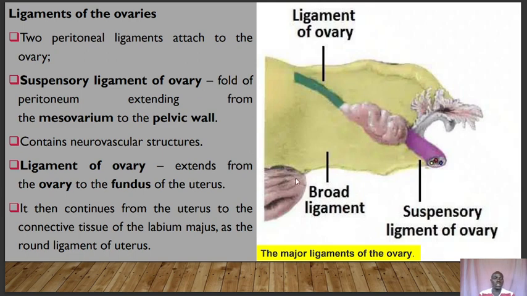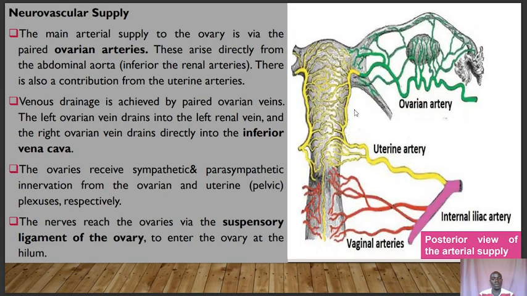On the other hand, we also have the ligament of the ovary, which extends from the ovary to the fundus of the uterus. It then gives rise to the connective tissue of the labia majora as the round ligament of the uterus.